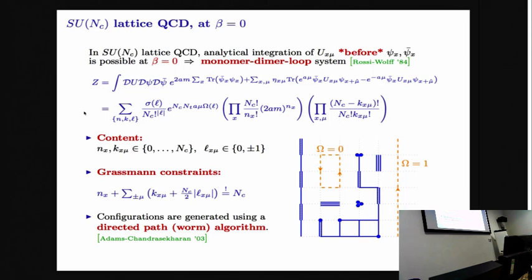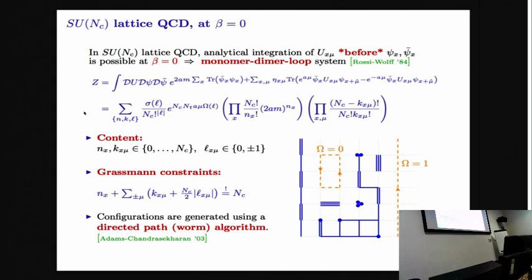So you get just a linear function of the link variables here, and you can perform the integral over U first, and you get just a sequence of color singlets side by side, and then integrate over the fermions, and you get a partition function, which is just a combination of monomers and dimers that give you some typical configuration of this kind.